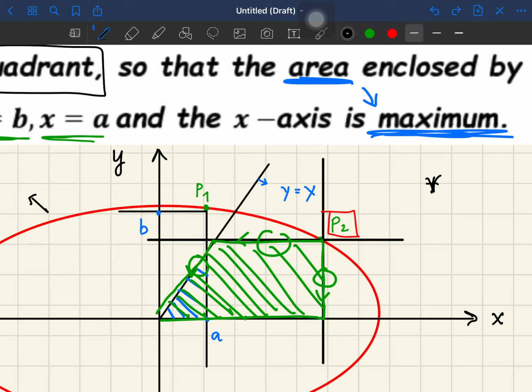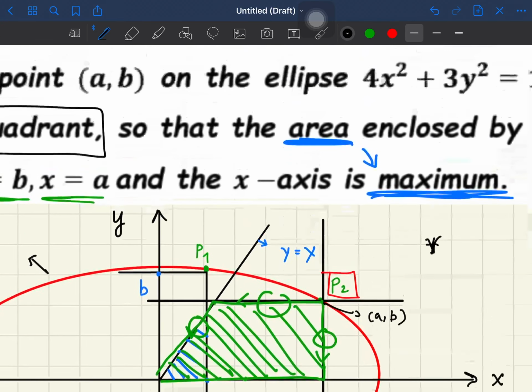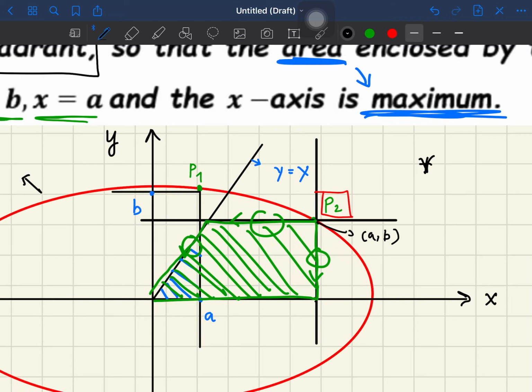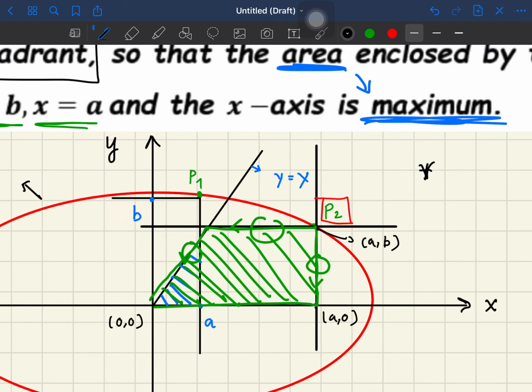We know that this point is A comma B, and because this is x equals A, this is also A. I'll just use A comma 0, and here we have 0, 0.